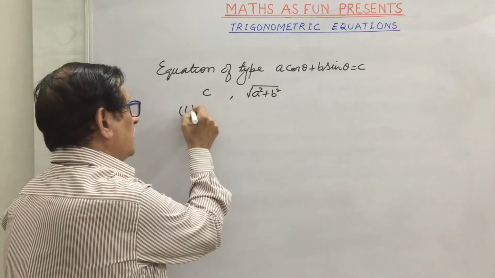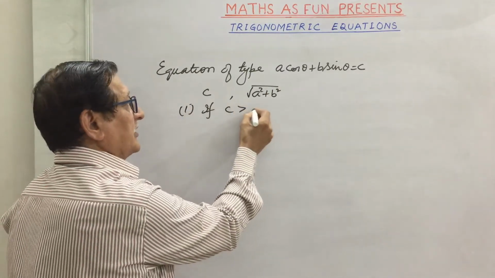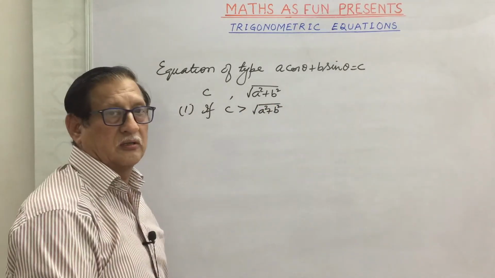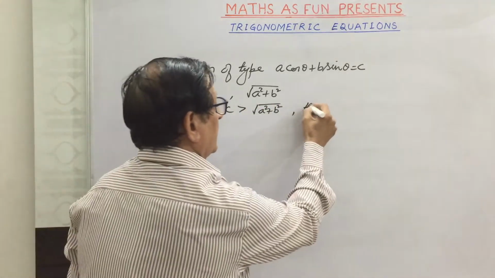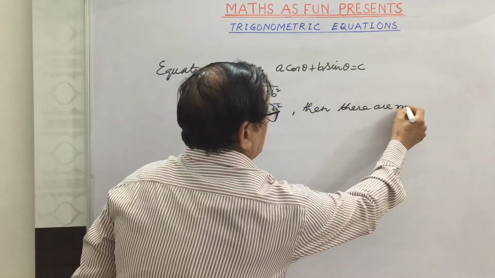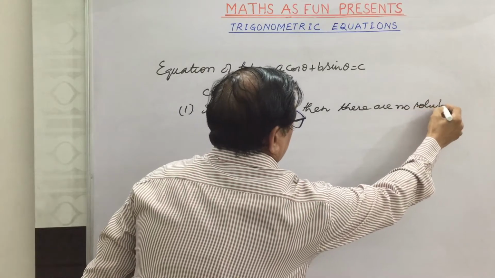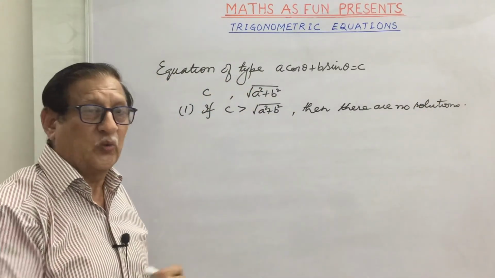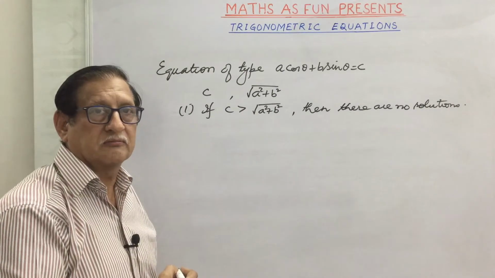If we find c is greater than root of a square plus b square, then there are no solutions. We can't have any solution to the equation. Why it is, I'll tell you the reason just now.